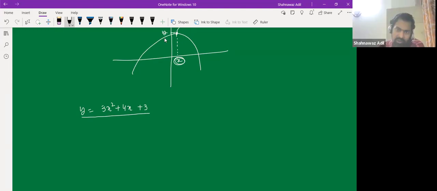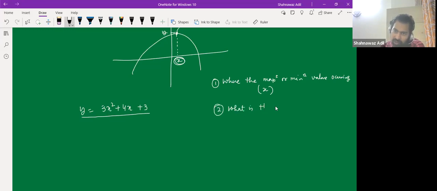So there are two parts of this question. One is where the maximum or minimum value is occurring, so that is the x point, and second is what is the maximum value.